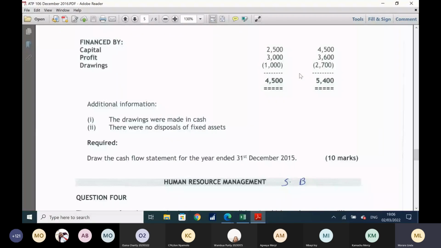That means that our owners have taken 1,700 shillings more from the business. So that is an outflow. Money has left the business and gone into the owner's hands. So that is 1,700 there.